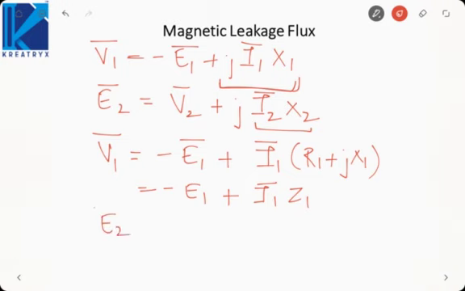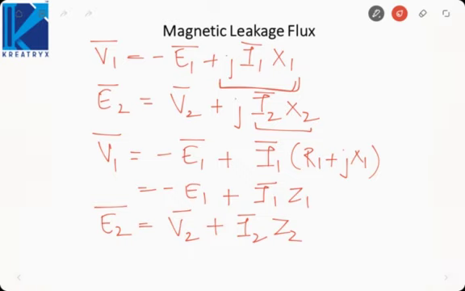Similarly, E2 will be V2 plus I2 into Z2. So these two equations we can consider when we are considering the winding resistance as well as leakage reactance simultaneously.